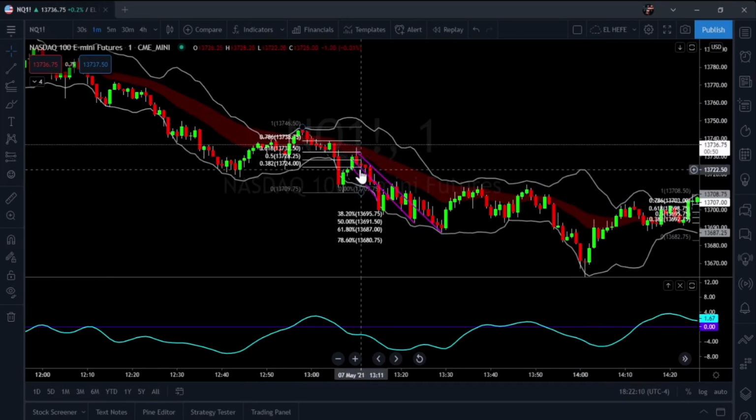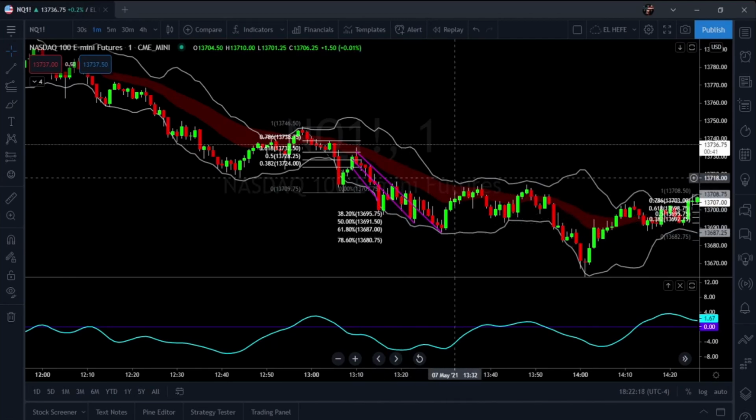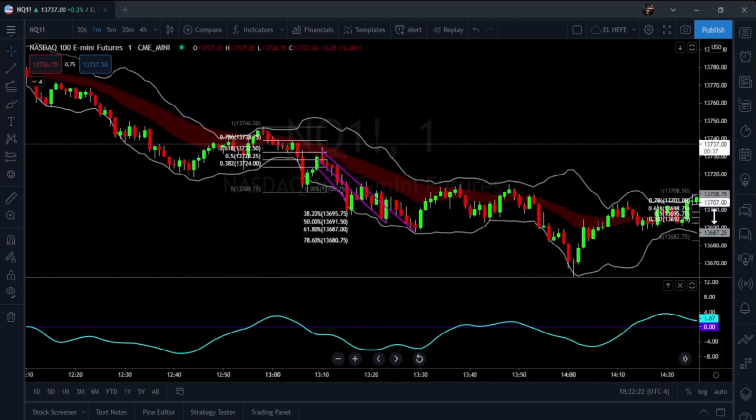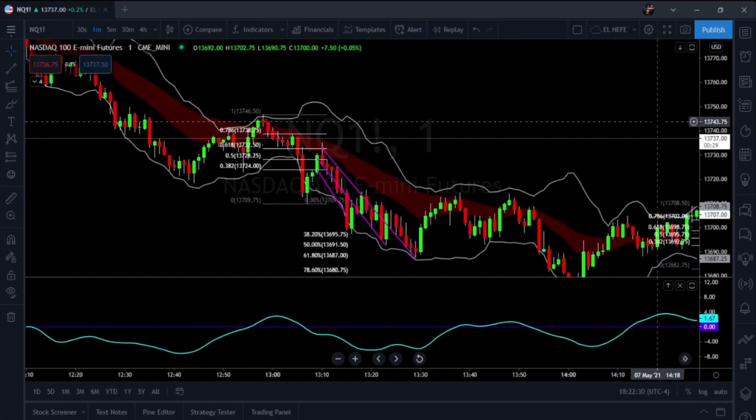But I can put limit orders in, right? Because I've got these levels to put limit orders in on. But the thing I don't like about trading on TradingView on mobile is when you're in a trade, it's got a big block right here, and on a mobile phone that takes up a ton of real estate. That's one reason I don't like it.